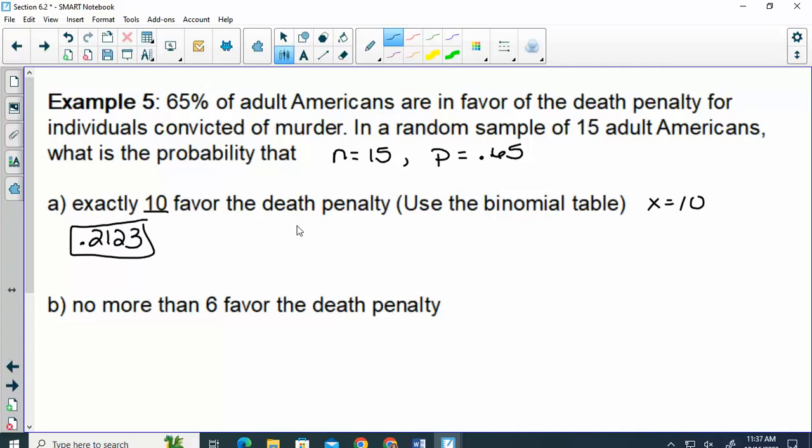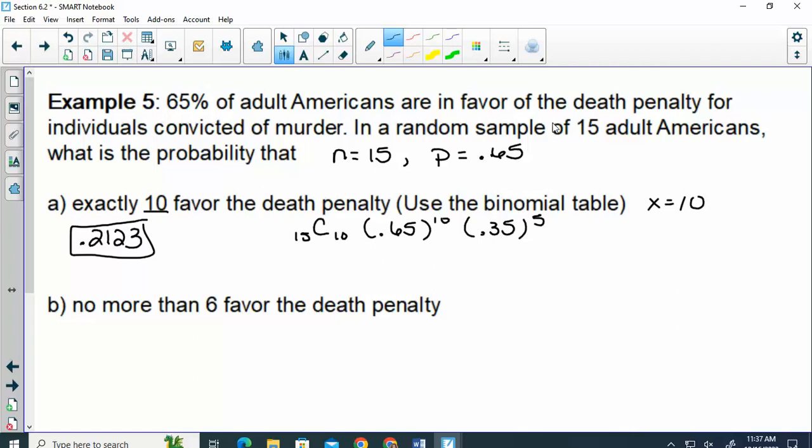If we did it by hand, remember the n choose x, p to the x, 1 minus p to the n minus x. So that's basically saying 10 said yes and 5 said no. And so do this on your calculator, make sure you remember how.